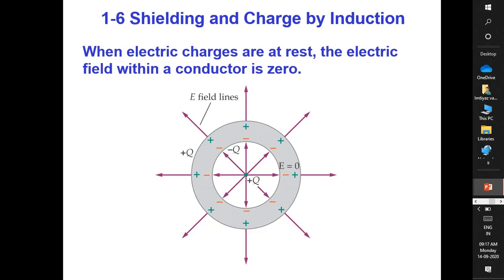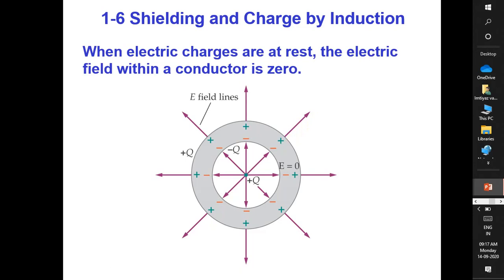See here, the electric field E equals 0 within a conductor. See here, minus Q and plus Q are there, and also minus Q and plus Q. So there is plus Q charge outside and minus Q charge inside. At that time, using conductor materials, the electric field will be 0.